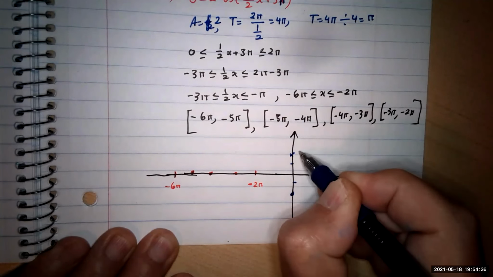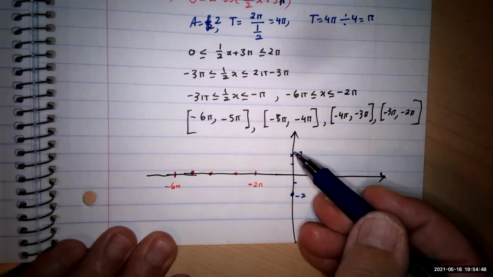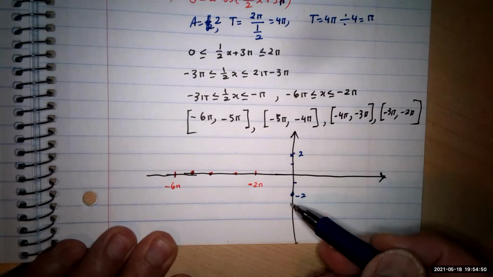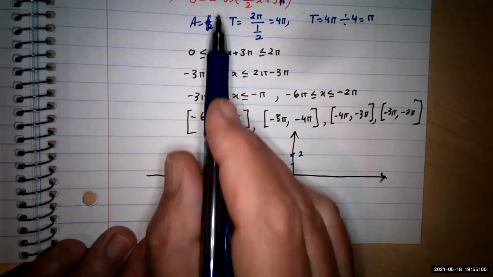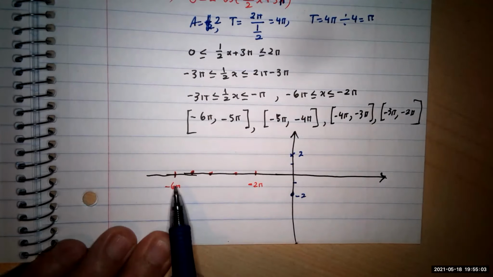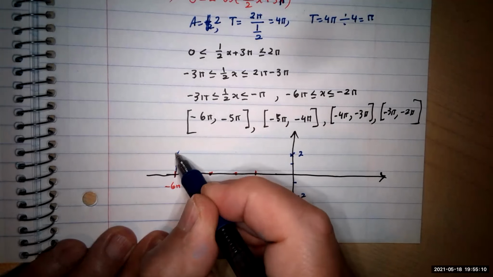Now this is cosine. The cosine function is not starting from the origin. It may start from the top, as you see over here, or from the bottom. So this is the situation we're going to have. The range is going to be 2 and negative 2. For this one, right on the top, you have a 2 here.